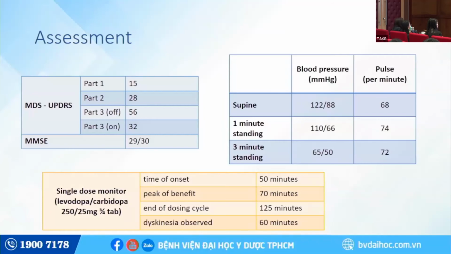So for the differential diagnosis, I think it would be MSA-P, which has features of levodopa responsiveness, and another differential would be Parkinson's disease combined with other pathologies like vascular Parkinsonism or others.